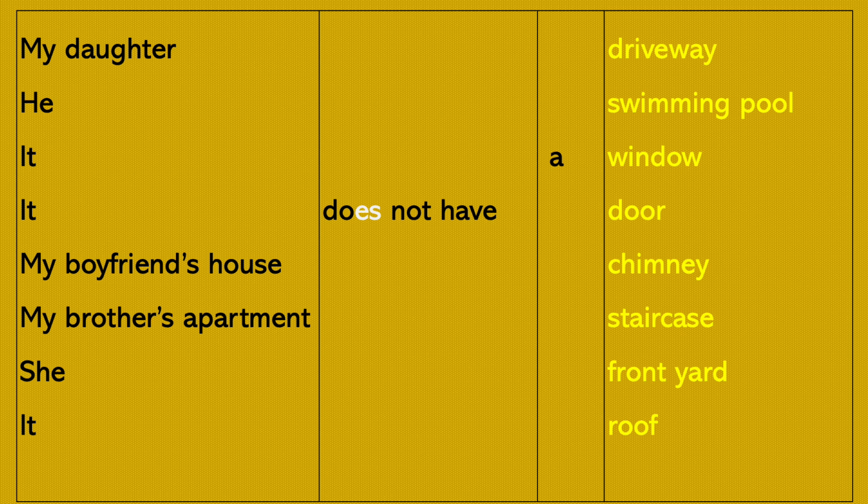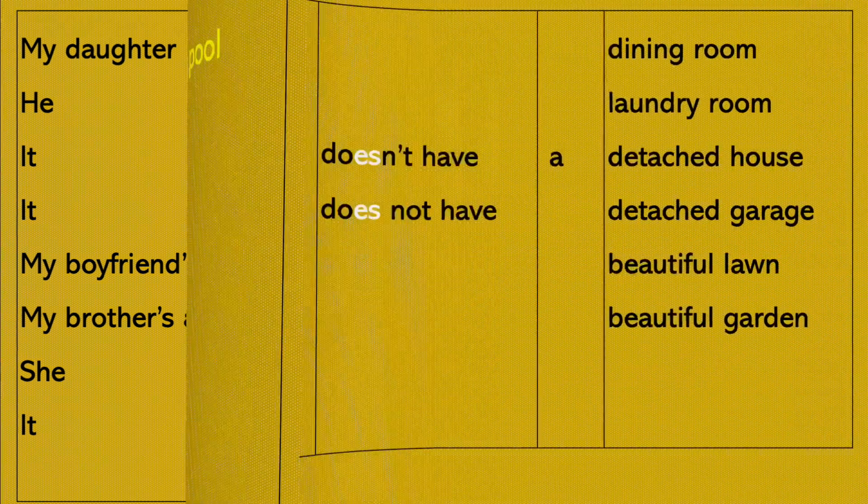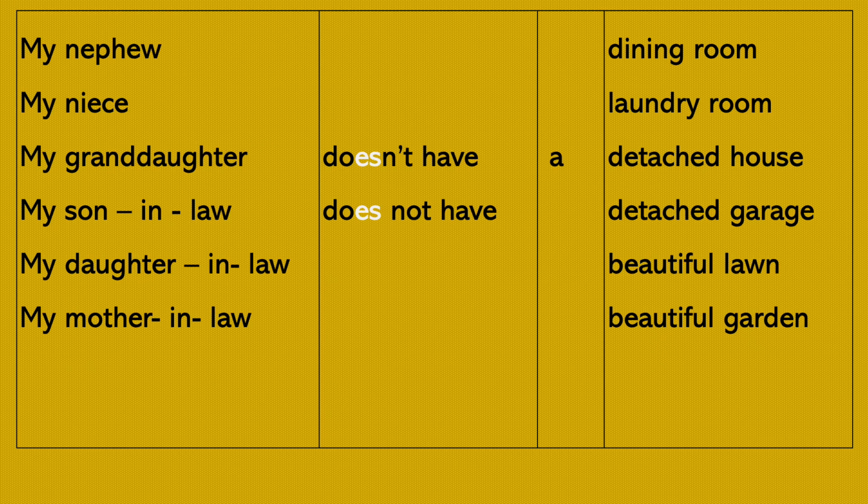Carefully study the form of this simple present tense have negative sentence structure. So here again I used doesn't have, also does not have. My nephew doesn't have a dining room. My niece does not have a laundry room.